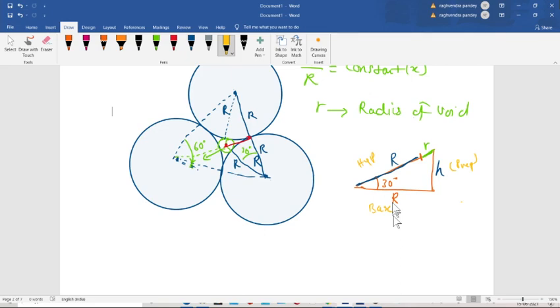2 minus root 3. Root 3 upon 2 minus root 3. So what is the exact number we are getting? 1.732. 2 minus 1.732.